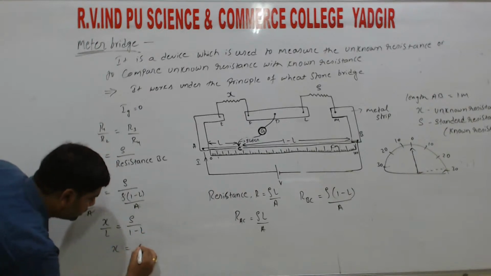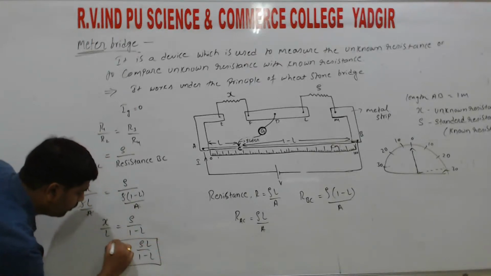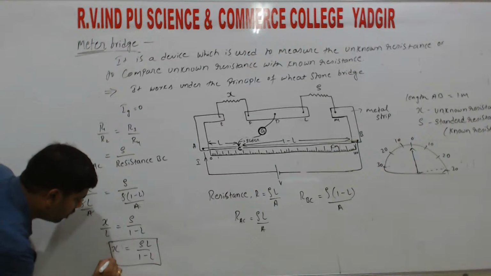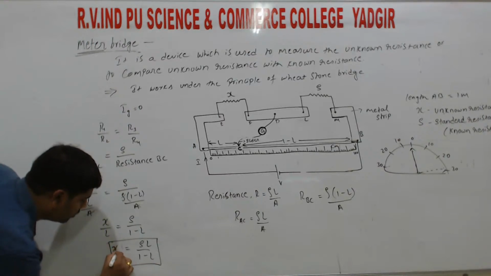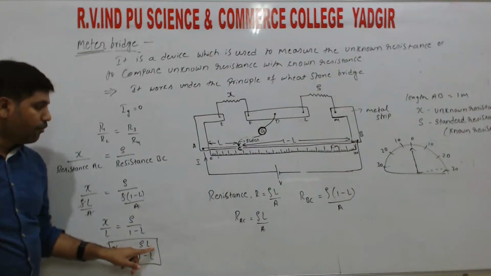So that's why X equals SL divided by 1 minus L. So this gives the formula to find the unknown resistance X, where L is the balancing length.